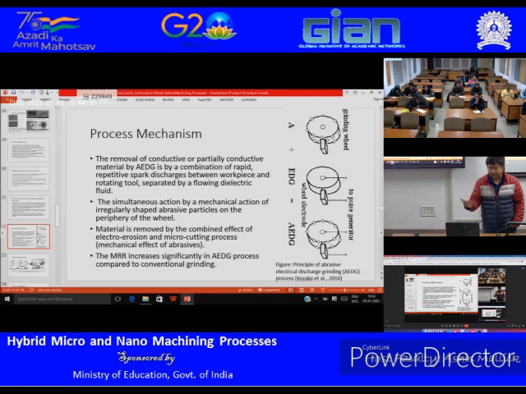Then suddenly additive came, and it is not saturated. There are still a lot of opportunities in hybrid micro and nano scale machining. Maybe when people start saturating with additive, which is happening, they will come back to some of those hybrid machining processes. But they are already talking about hybrid AM and subtractive, right? So this is simultaneous action, mechanical action, and abrasive particles. I think we talked about that.